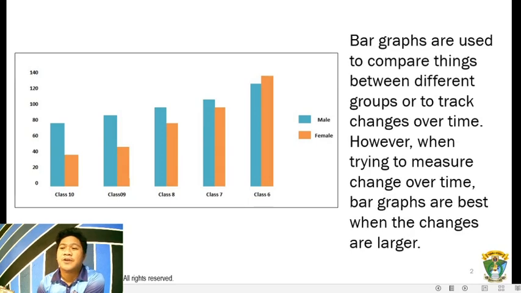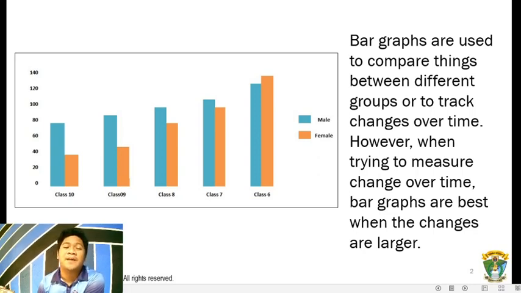Okay? So bar graphs are used to compare things between different groups or even to track changes over time. However, when trying to measure change over time, bar graphs are best when the changes are larger. Because these large changes are easily seen in bar graphs, and the changes can be easily compared from one year to another.